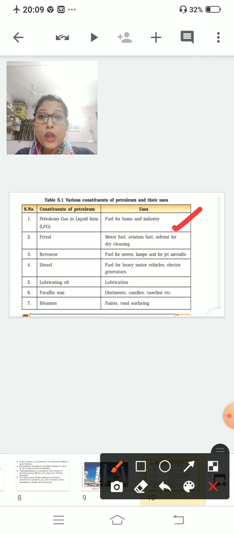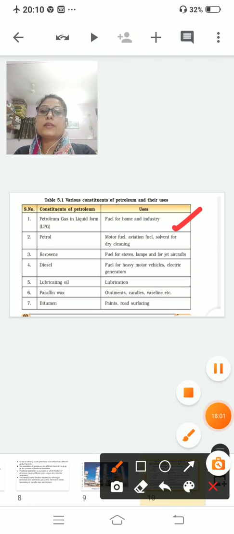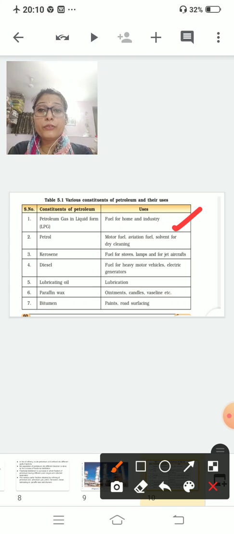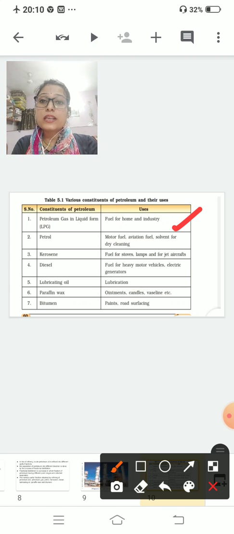Paraffin wax is used for ornaments, candles, Vaseline, etc. Bitumen is used for paint and road surfacing. These are all the products obtained after refining of petroleum, and we can use them in different fields because they all have different properties.